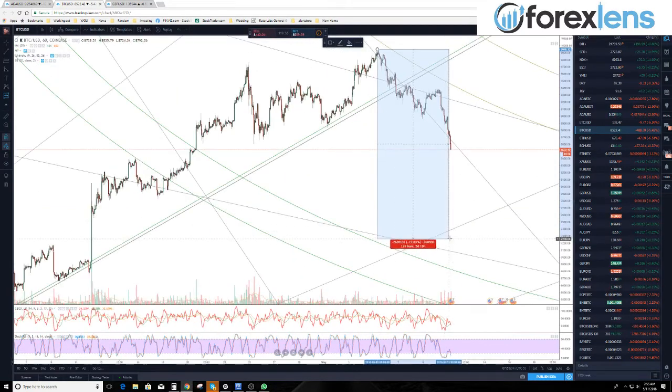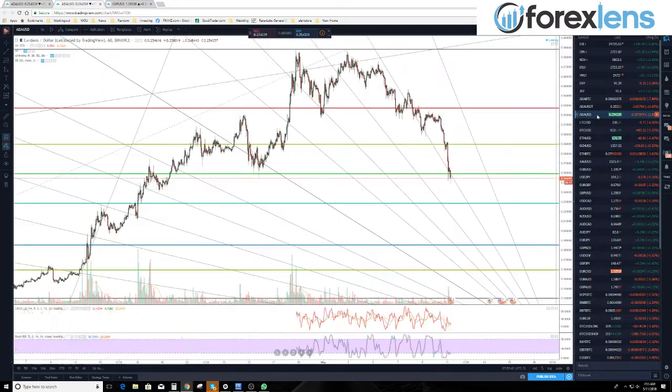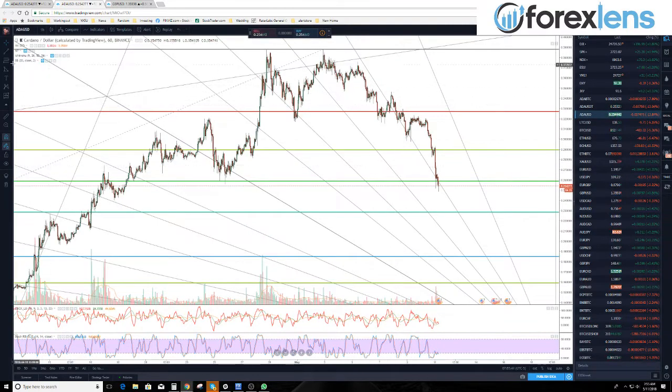And if we were to go further down, we're experiencing a 25% move down. If we look at other cryptos like leading altcoins like Cardano, we go from here to where we are now. We're coming up on a 36% corrective move.